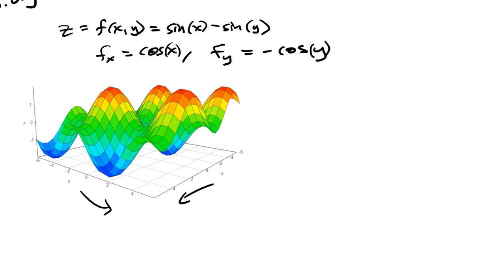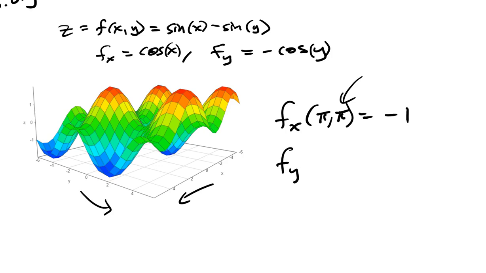So if we do f sub x at pi comma pi, which is 3 comma 3 basically, that's this one. There's no y to plug in, just the x, so we plug that in, and that's negative 1.